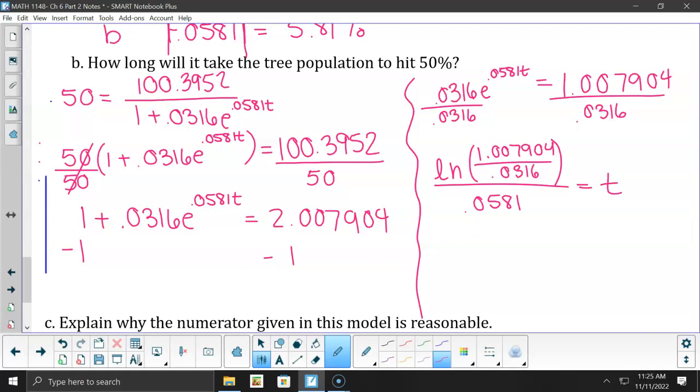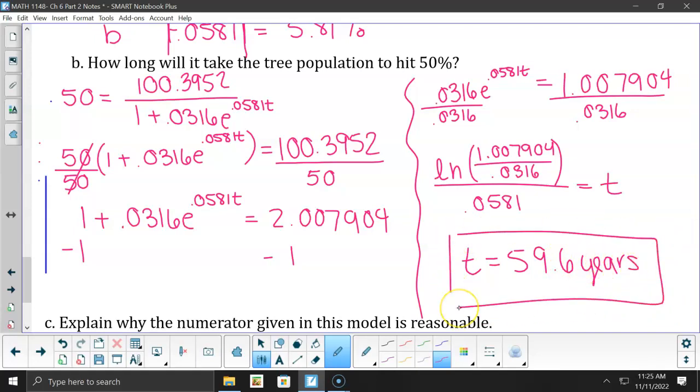Yeah. So after 59.6 years, we are down to 50% of those trees.